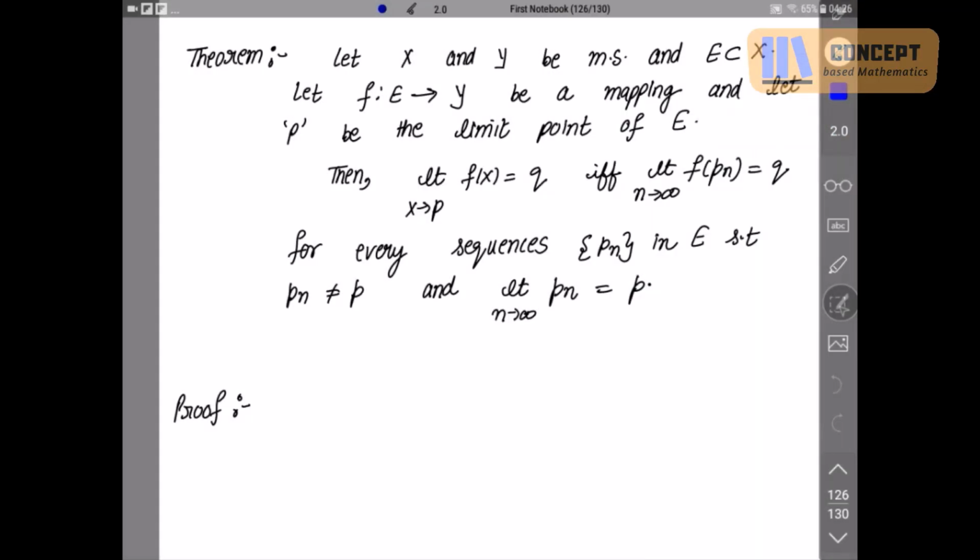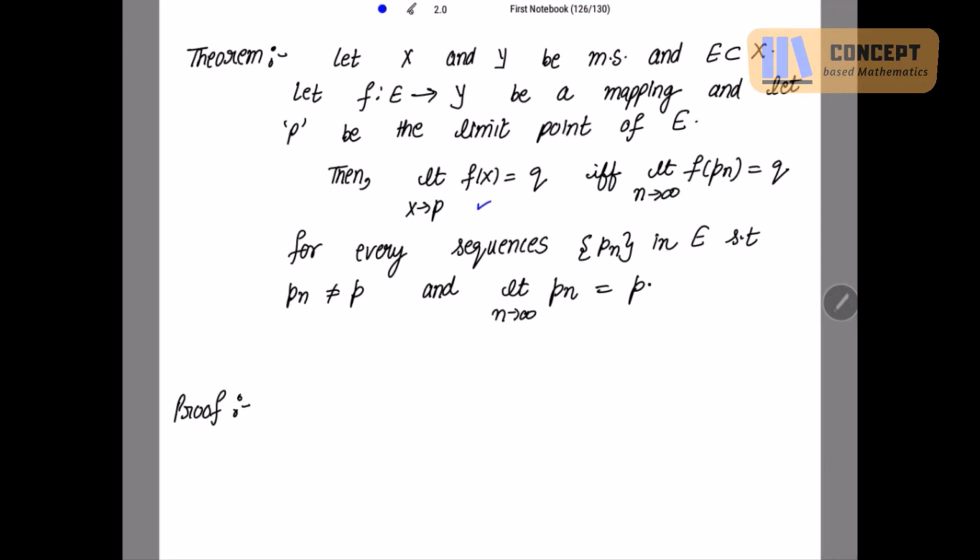Fine. Now we have to prove both ways. We will start from here. So I suppose limit x tends to p, f(x) is equal to q.